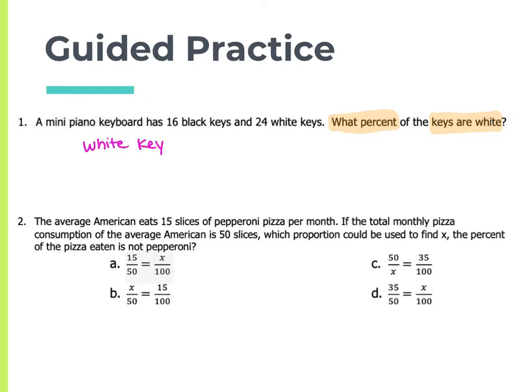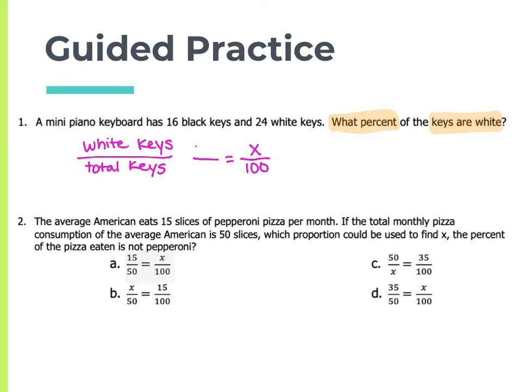White keys will go in our numerator, and total keys, or all keys, will go in our denominator. Then we'll set up our proportion. We'll put the 100 in there for the percent. From the question, we know that we're looking for the percent, so that will be x.